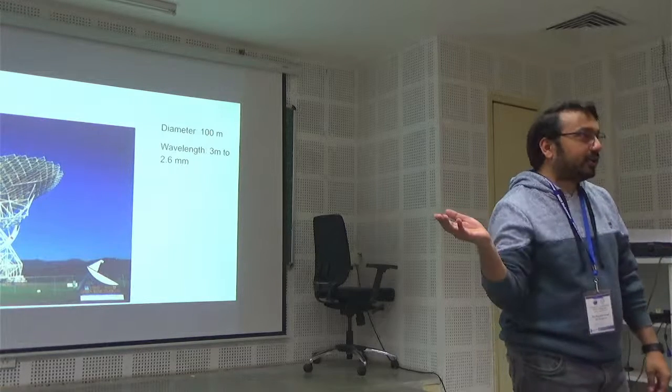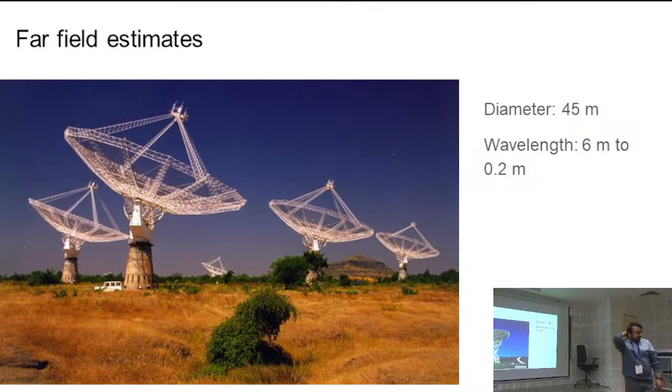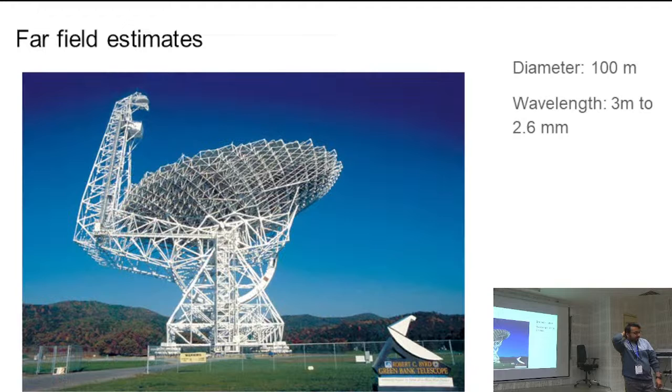You can also do this for another very big telescope. This is 100 meters in diameter, and it is operating all the way to millimeter. Or 150 kilometers. 2 kilometers. What lambdas have you taken?